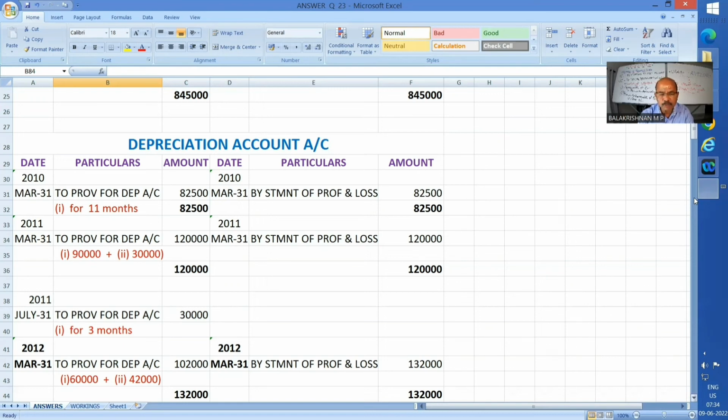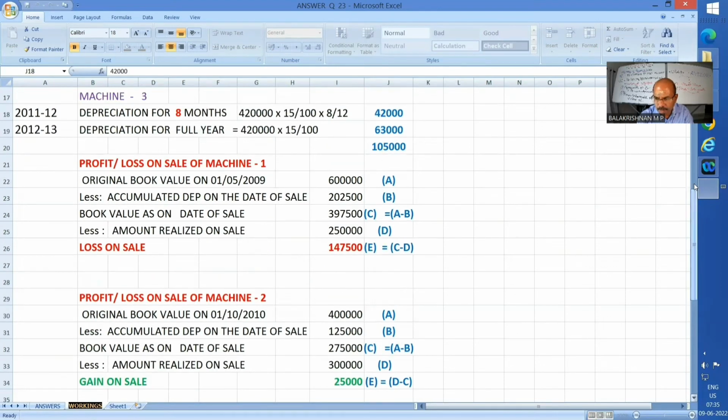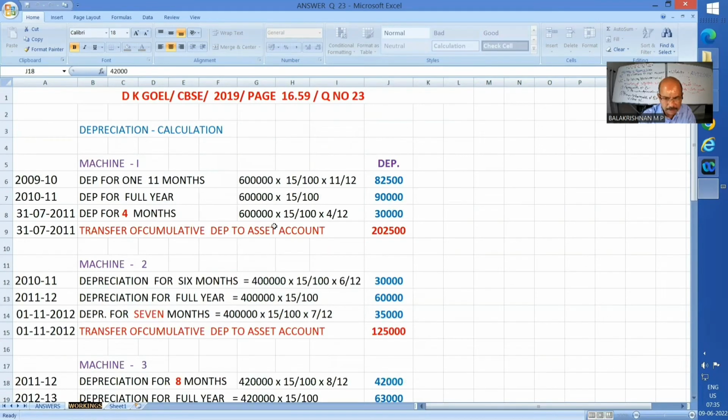So let's move towards account of the customary year-end depreciation. I've shown an entry, depreciation account debtor to provision for depreciation account as on March 31st, 2011. How I got this amount? It's just like this. First machine is not at all in the picture. It has been sold and hence there is no depreciation.